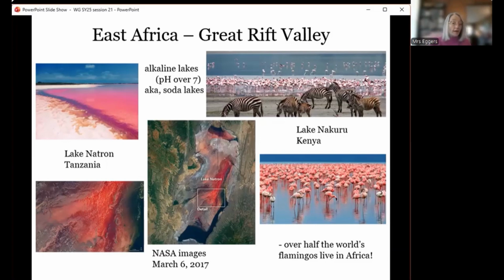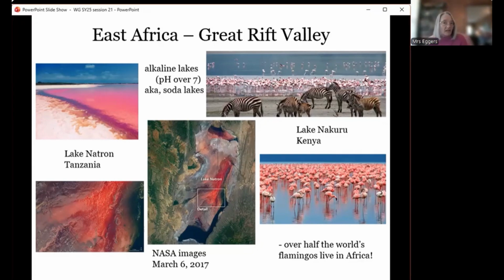Lake Natron in northern Tanzania, sometimes the pH is very high and the water's almost like ammonia. It turns red because of volcanoes in the region that move molten magma through the ground, through faults, and they well up in hot springs that empty into the lake.